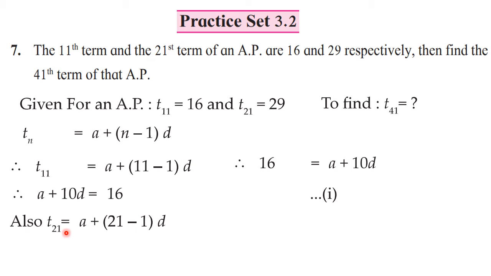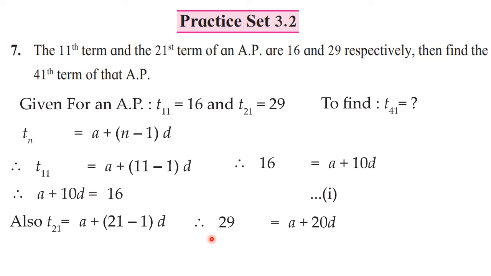Also T21 is equal to A plus 21 minus 1 D. In the formula we have replaced n by 21. Now we know that T21 is 29, so we can write it on the left hand side, and here 21 minus 1 is 20.